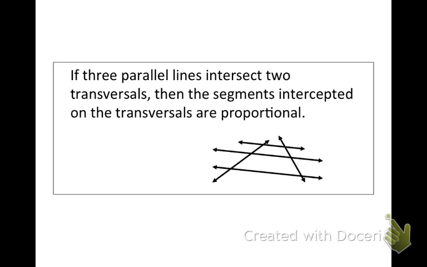So here we have our 3 parallel lines. Remember, a transversal is just a line that intersects more than one line. So here we have 2 transversals, so we still are going to have proportional parts.